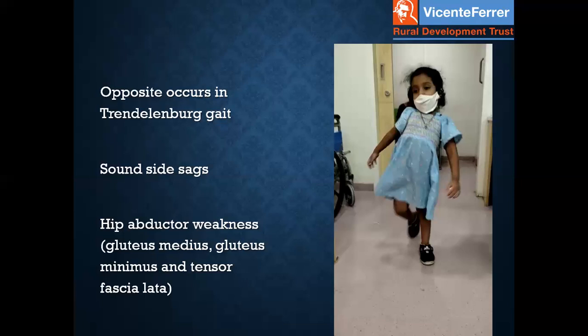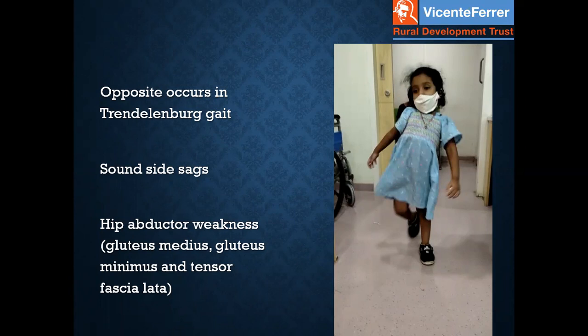So to compensate that pelvic sagging down, what is the body doing? It is swaying completely to the weight bearing leg, so as to prevent the pelvic sagging down. Okay, you understood? Yes, sir.